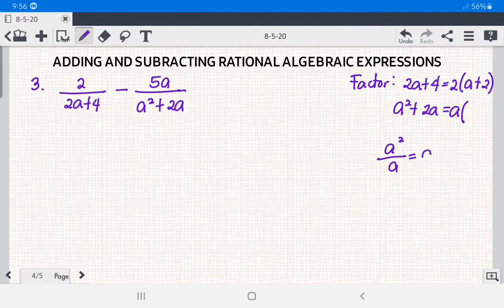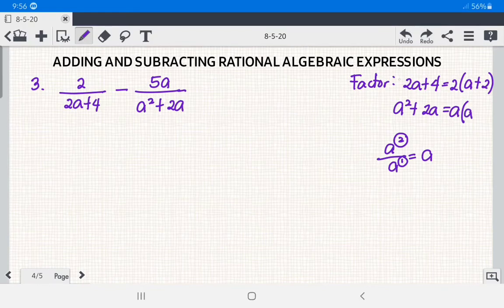So that is a only, because if you simplify this, you subtract the exponents: 2 minus 1, we have 1. Also, a times a is a squared, right?